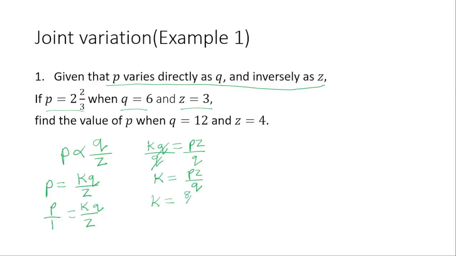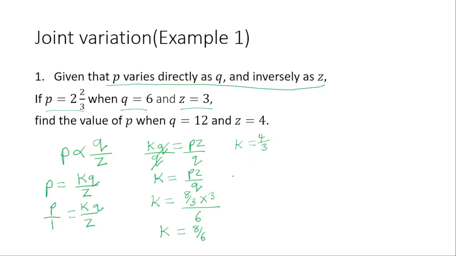So 8 over 3 is going to multiply by Z, which is 3, over Q, which is 6. When these two multiply, the value will be 8 over 6. To write this in its lowest terms, the highest common factor is 2. 2 in 8 is 4, 2 in 6 is 3.